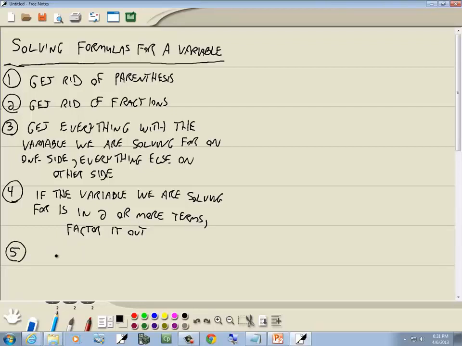And then our last step, divide both sides by what is in front of slash back of the variable we're solving for.